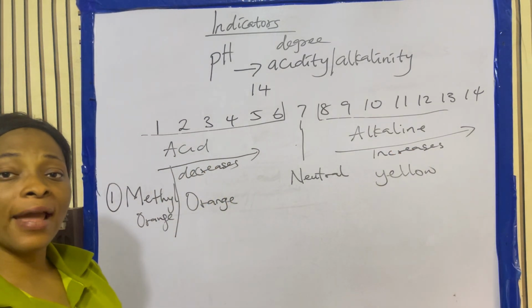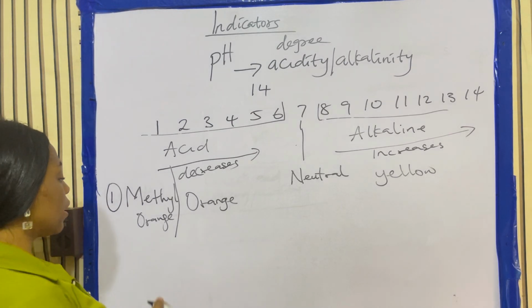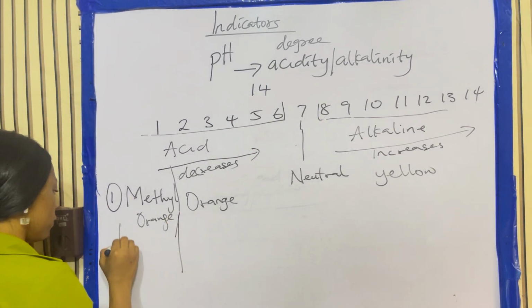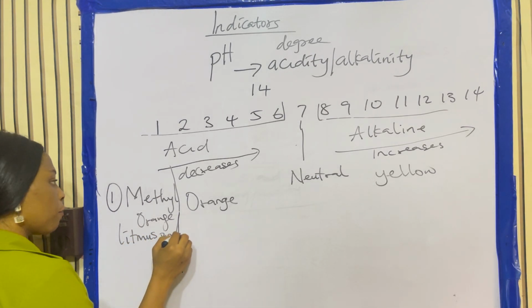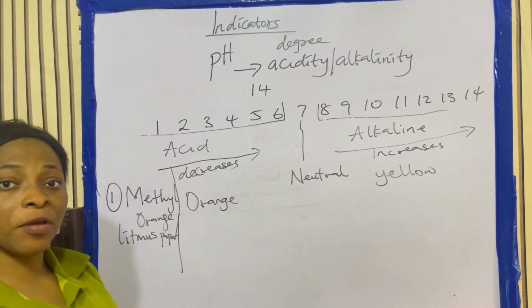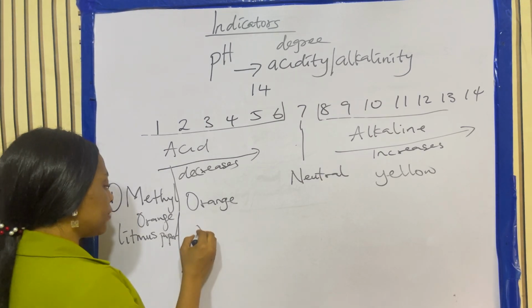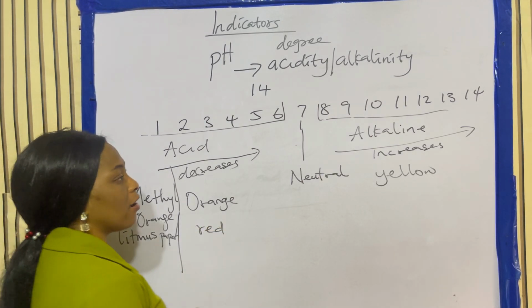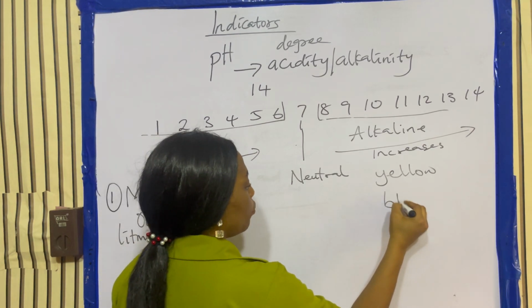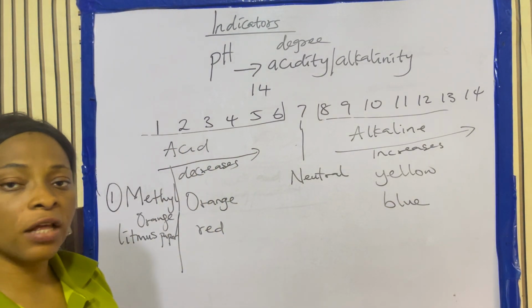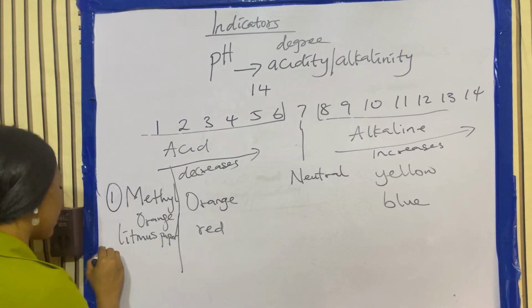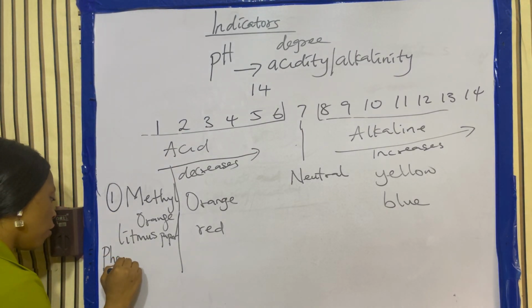Then the second indicator we have is litmus paper. Litmus paper in acidic medium will be red. In alkaline medium it will be blue. The third indicator we have is what we call phenolphthalein.